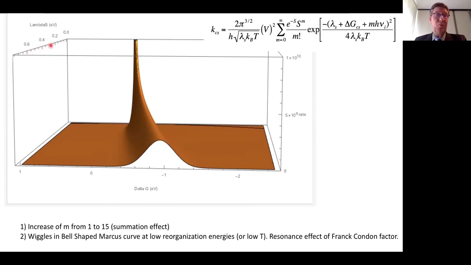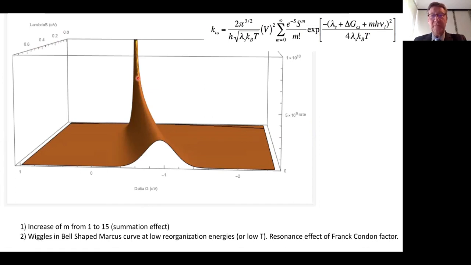So you see that if we stay on the ridge of this mountain, then we stay in the Marcus optimal region. There we have the highest rate that can be attained for these specific conditions.